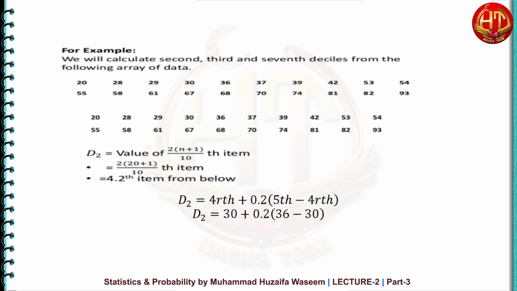Then 36 minus 30, multiplied by 0.2, plus 30, which is equal to 31.2. 31.2 lies between the fourth and fifth value, very close to the fourth value. So this is your second decile.